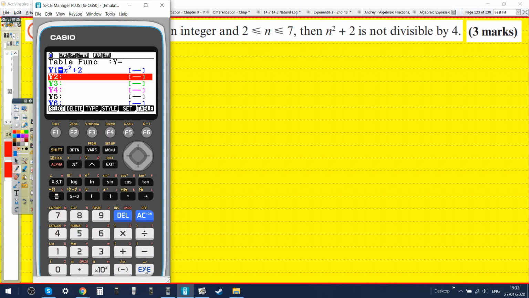All right. So we need to do set, F5, our settings. What's our start? What's our end? What's our step? So start 2, end 7, step 1.